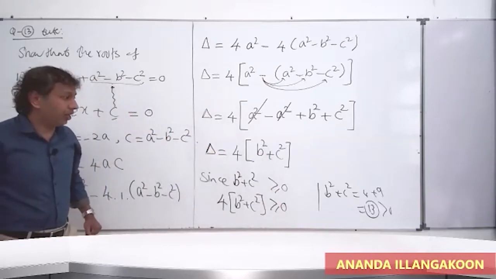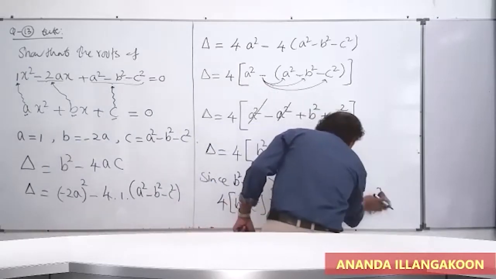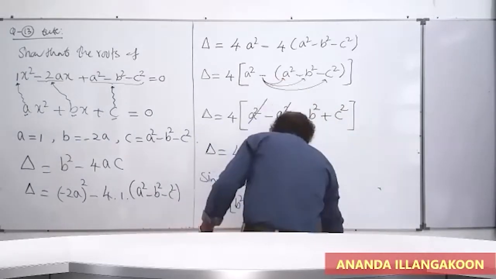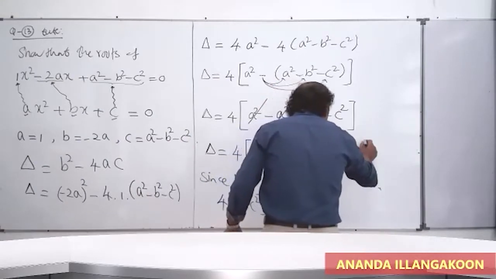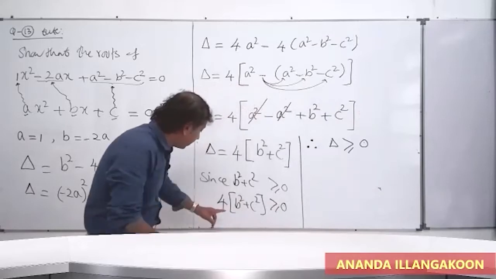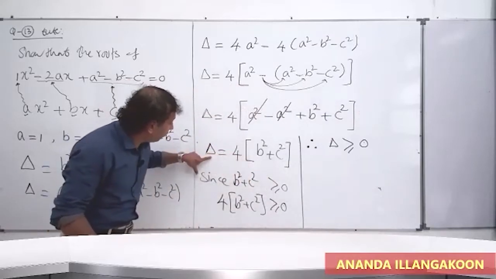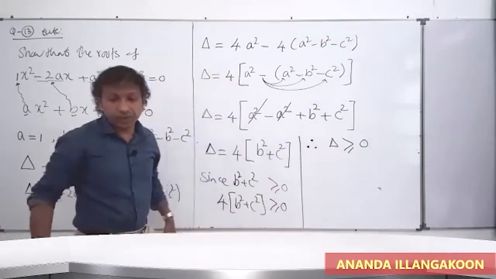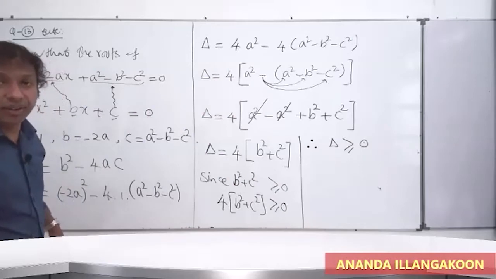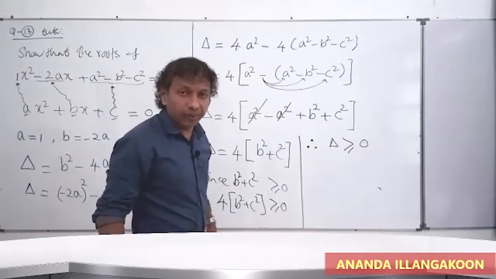Therefore, delta is greater than or equal to 0. Because this is the delta here. If this is positive or 0, and this is equal to this, then delta is greater than or equal to 0. Then what can you say? Yes, the roots are real.